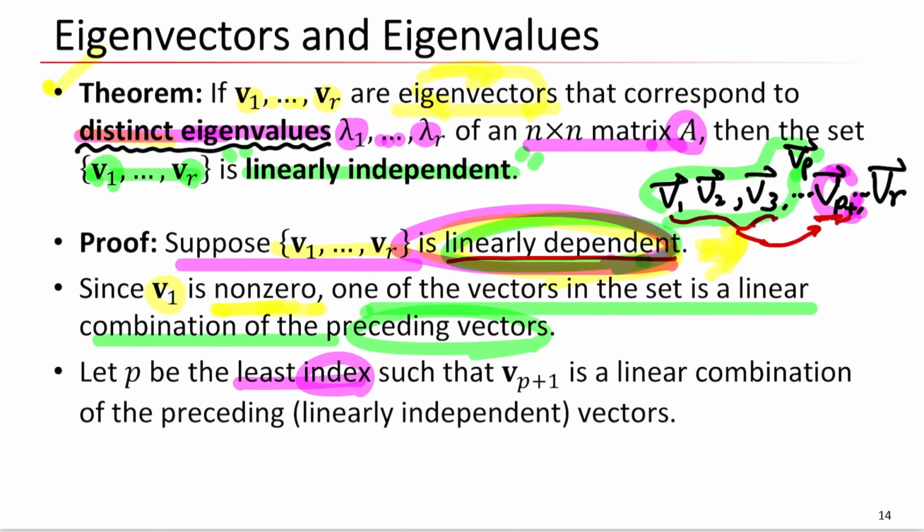If we go back to the statement of the theorem, we can say that if we have different eigenvalues, then we can find the eigenvectors corresponding to each eigenvalue, and those vectors should be linearly independent. So this is a very important property.